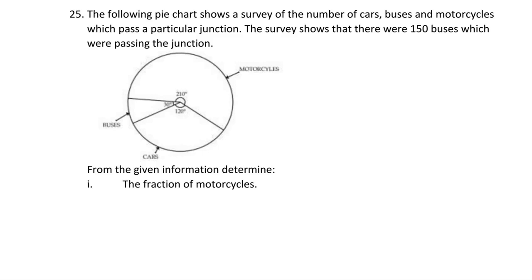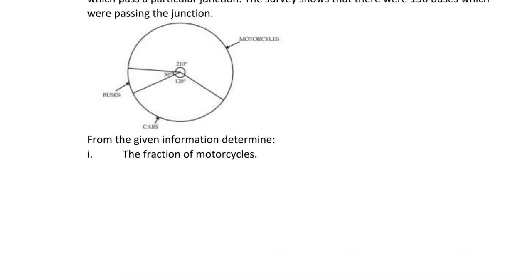We have to recall that a circle has a total of 360 degrees. From the given information, the fraction of this is going to be 210 over 360. Simplifying this, we are having 7 over 12. And this is going to be our answer.